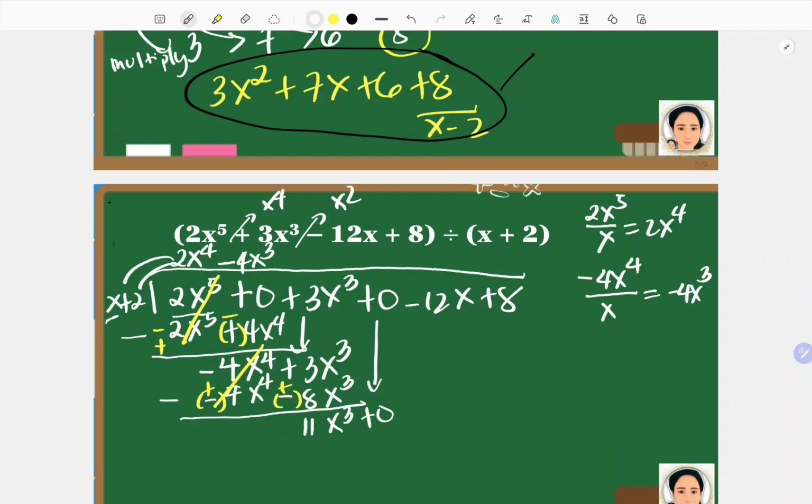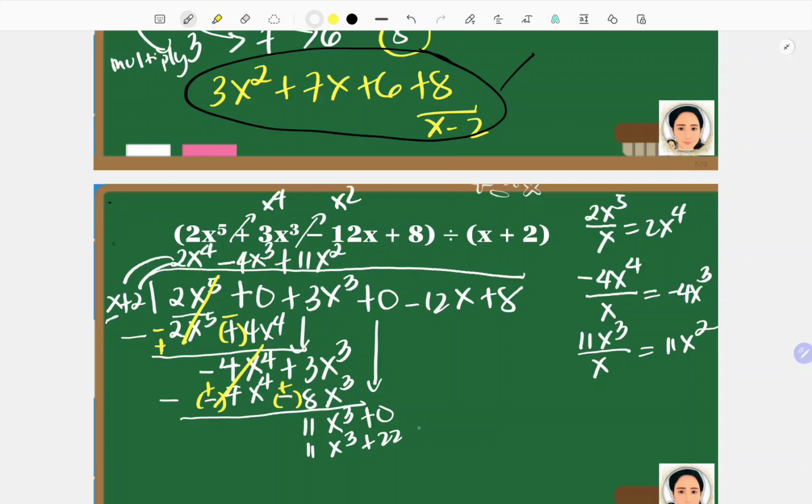So, again, divide 11x cubed divided by x. And your answer is 11x squared. Write it on top. Positive 11x squared. Then, multiply 11x squared times x. 11x cubed. 11x squared times 2.